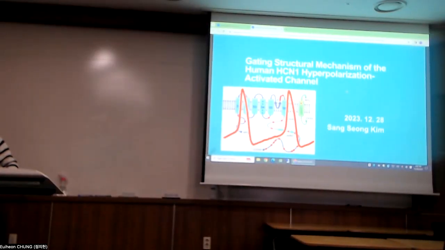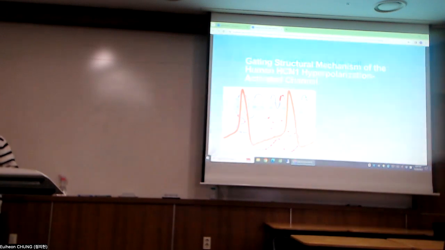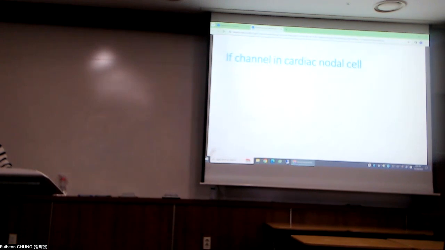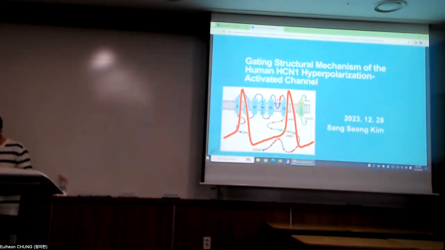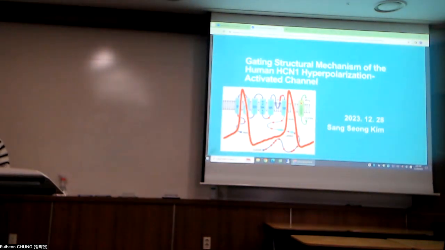Here, the lecture, seminar from the last week. So last week, we studied the EKG, right? How EKG is working in terms of ion channels and the conduction of the electrical signals.